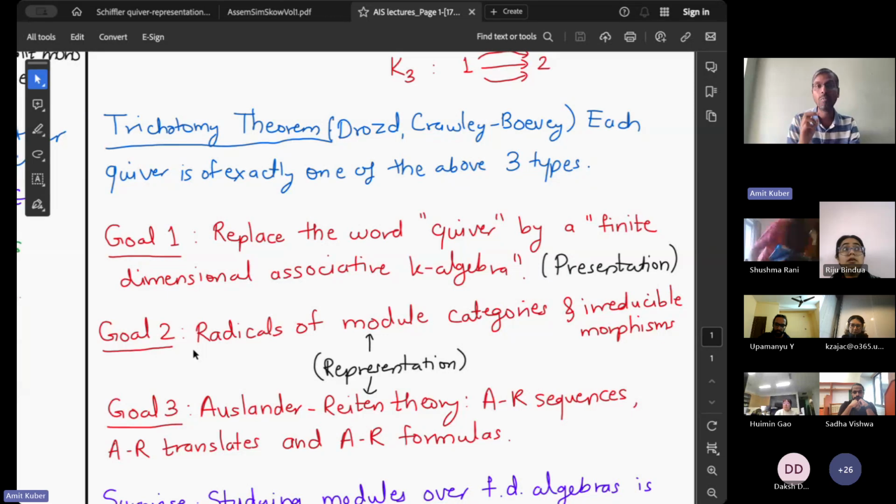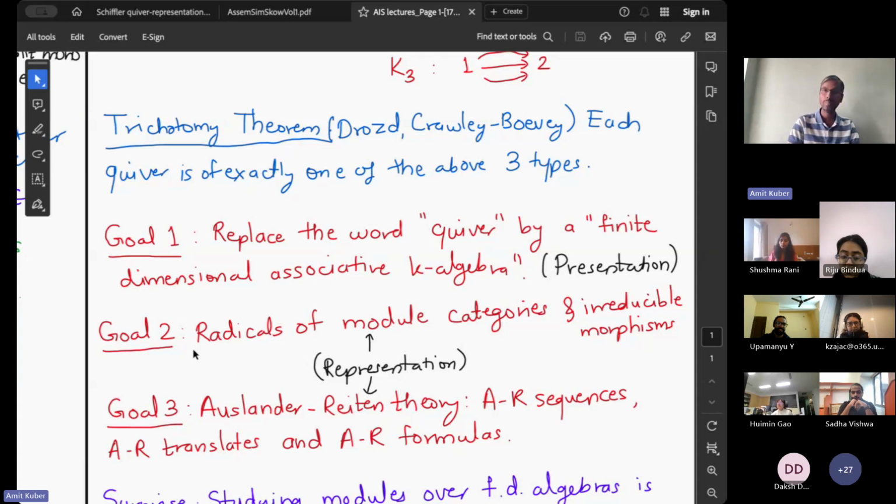In the case of module categories also, you can define powers of the radical. And not just finite powers, but in fact infinite powers. Those infinite powers can be indexed by ordinals. So for every ordinal beta, there will be rad to the power beta. I will discuss all these things as well.